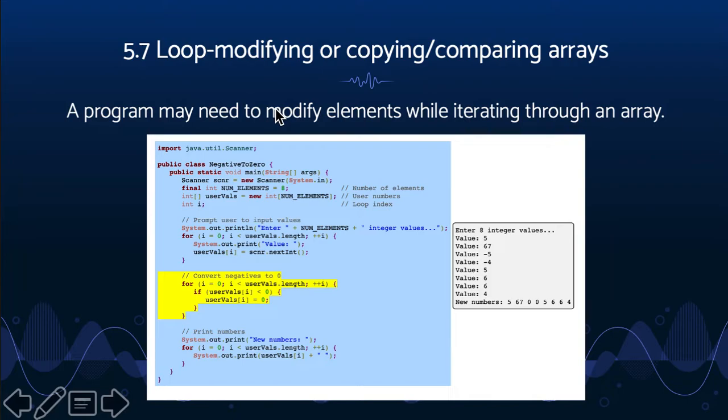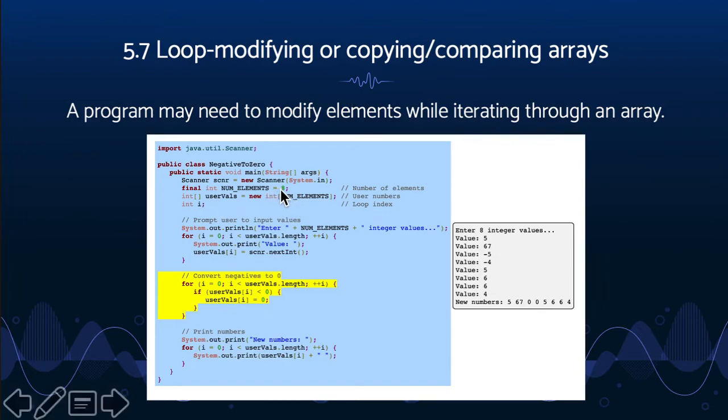5.7, loop modifying and copying arrays. Basically, this program will convert the negative values to 0.